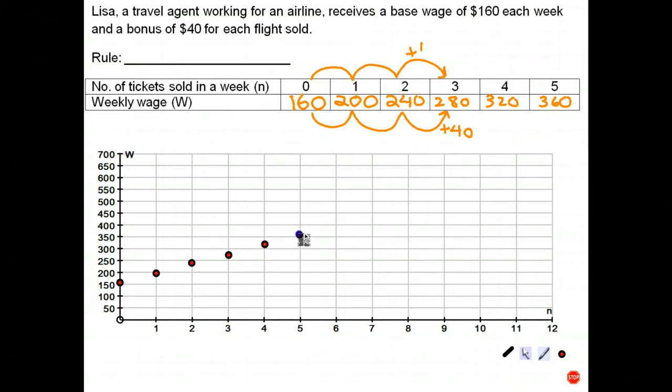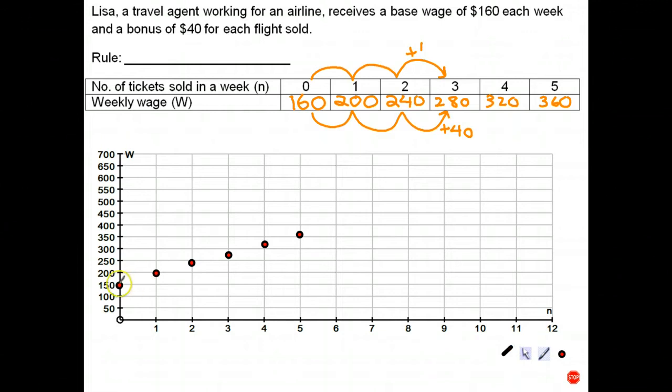Oops, let me see if I can get that fairly accurate. And once again, because this is an example of a linear function, all the points will lie in a straight line. Okay, let's go ahead and draw the line that joins those. I'll go to my red tool for that. Whoops, I don't think I've got my pen tool for that.